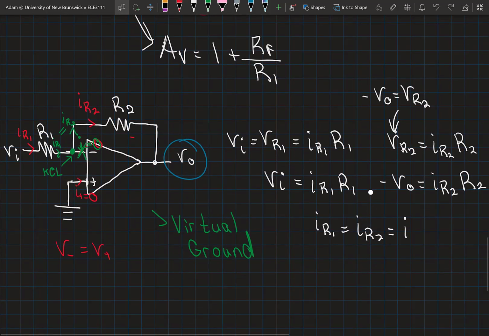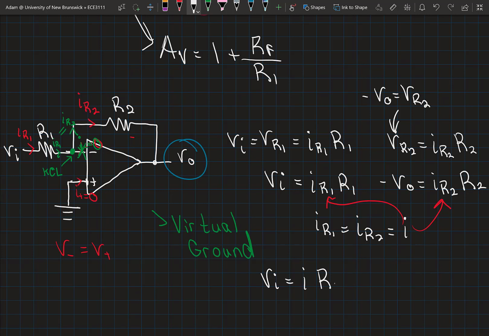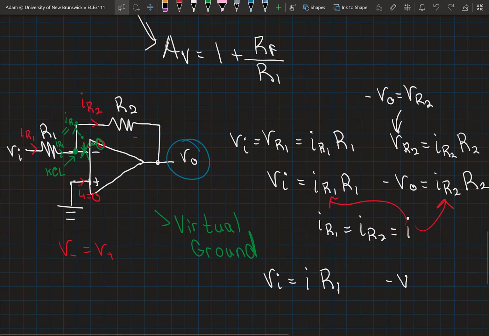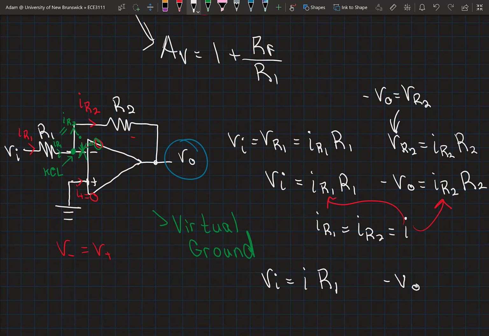I'm going to substitute that value of I into both of these equations. Now I have an equation that says the input voltage is equal to the current I times R1. The negative of the output voltage is equal to the current I times R2.